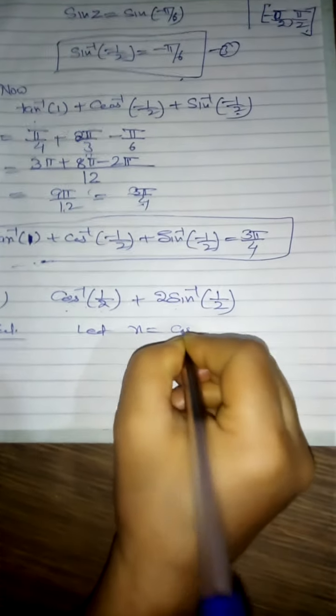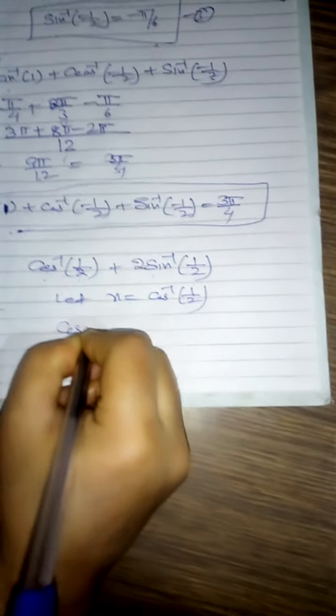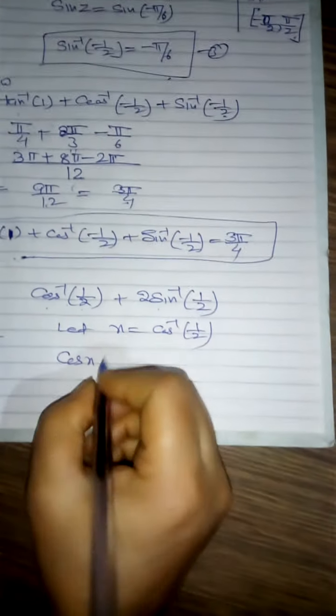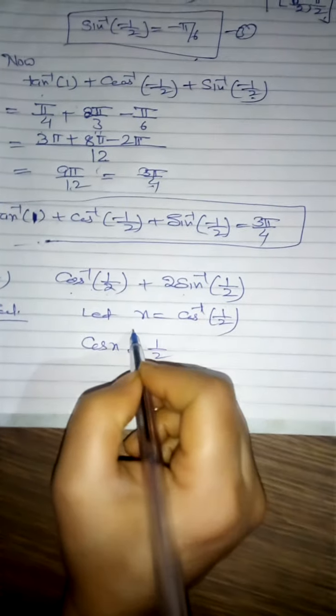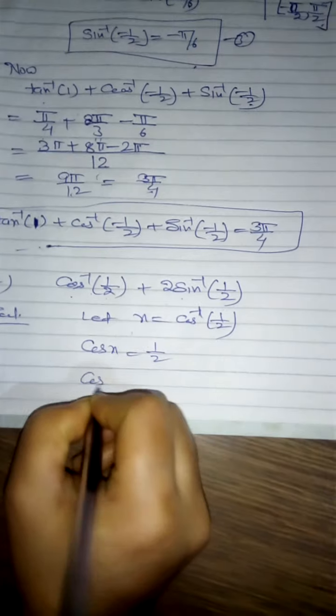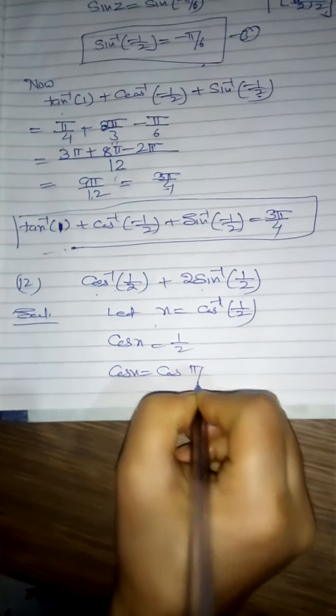Let x equal cos inverse 1 by 2. Now cos x equal to half. Cos x is half at pi by 3, cos pi by 3.